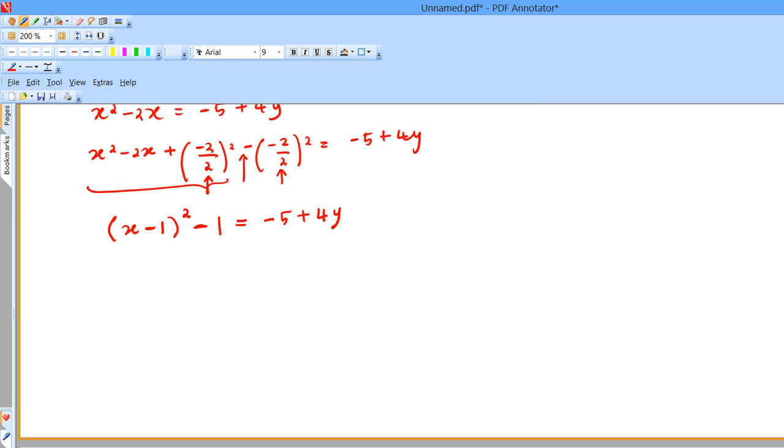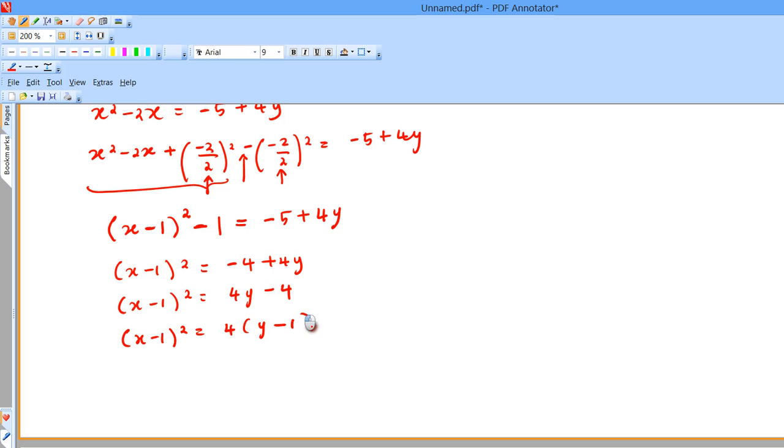Next we have (x - 1)^2 equal to, simplifying this, -5 + 1 equal to -4 + 4y, or rearranged, (x - 1)^2 = 4y - 4, and then we factor out 4 to get 4(y - 1).